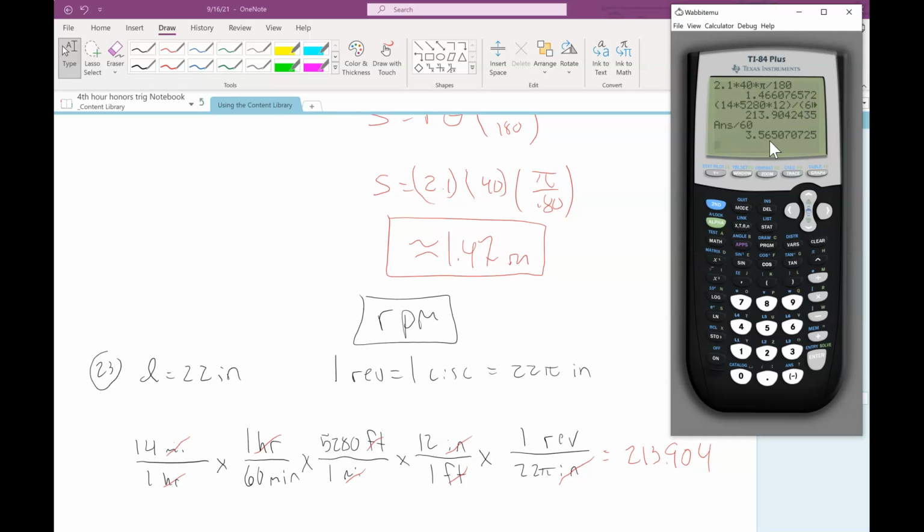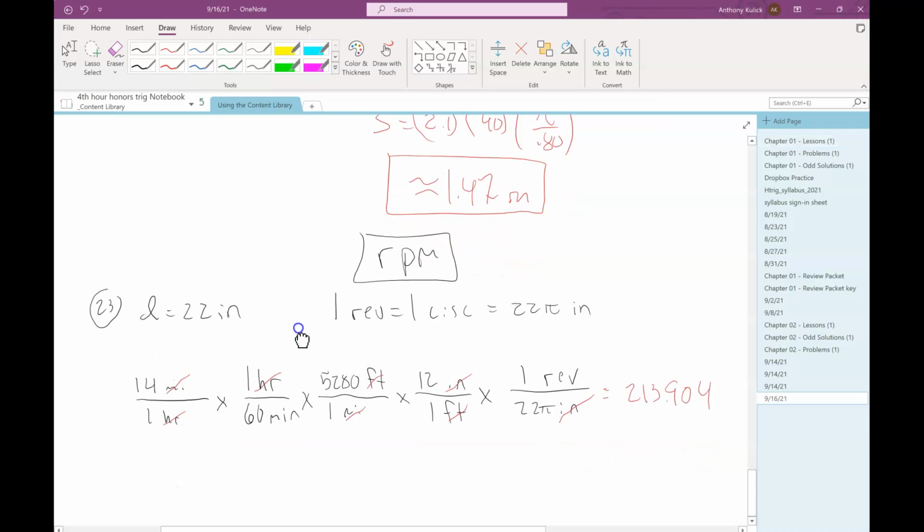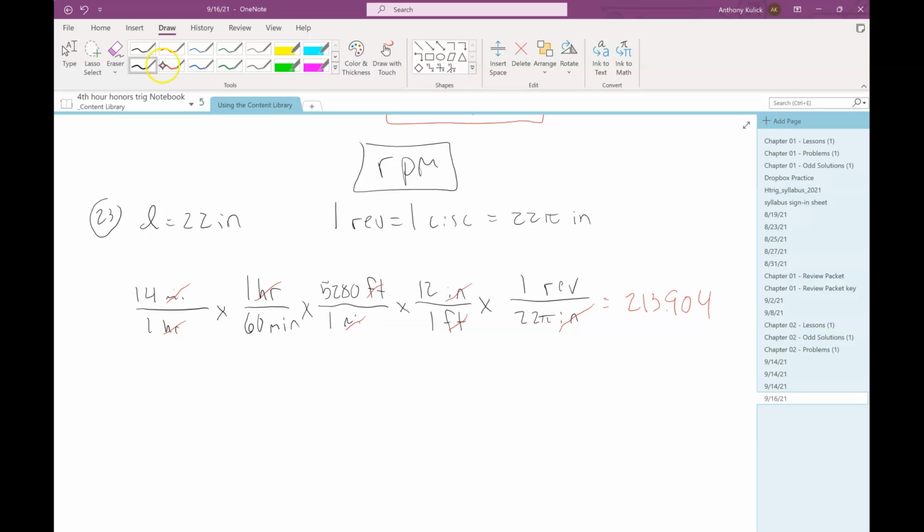Yes, Zach. You, number 24. Sure. So 24, quite similar to 23. It's another one of these dimensional analysis problems. It says the circular saw has a diameter of 8.25 inches, and there's 12 teeth per inch on the blade.